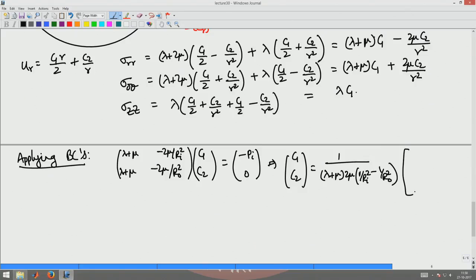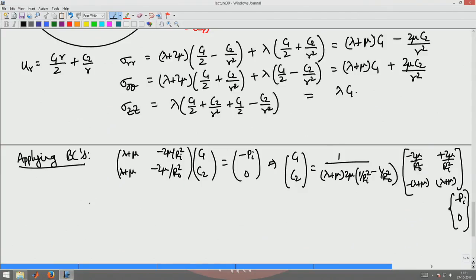okay, into minus 2 mu by R naught square minus 2 mu by Ri square minus lambda plus mu and lambda plus mu into minus Pi 0. Okay.